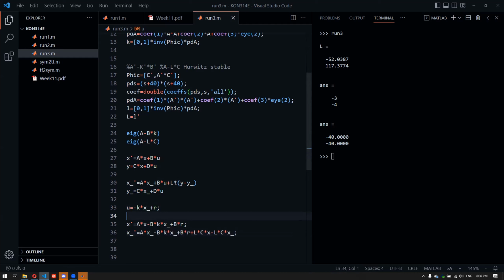So we have some common terms here. So let's have a minus BK times that, where we also have a minus LC here for X underscore. So let's have that, minus LC. Let's move this a little bit more to the left. So that's it.